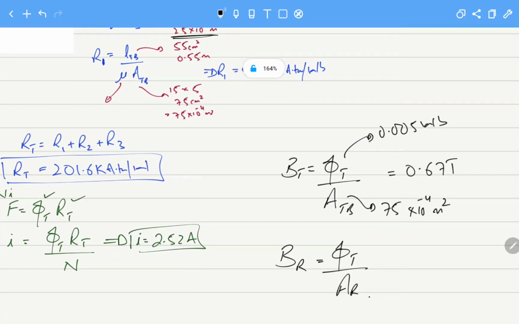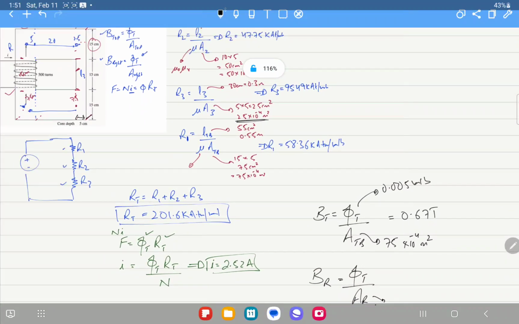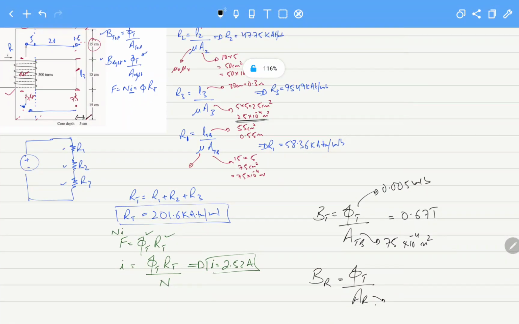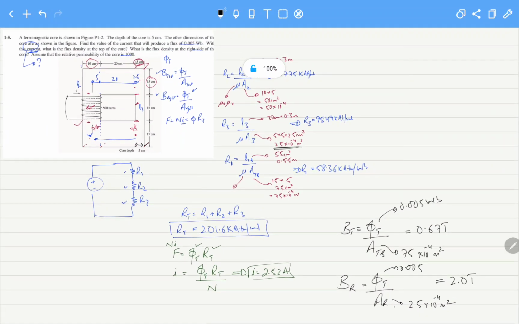So this was 25 into 10 raised to power minus 4 meters square, and the flux is same. So this will become 2 Tesla. So this is how we have solved this equation. I hope it helps.